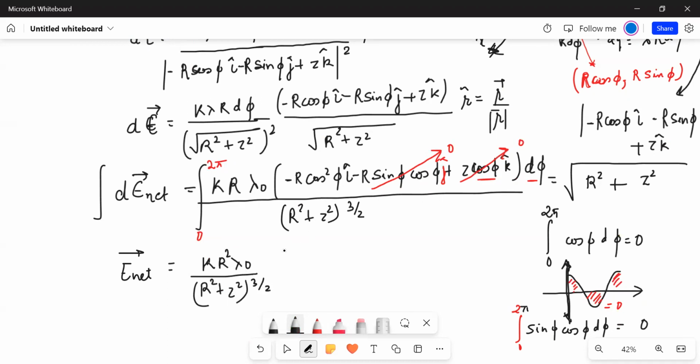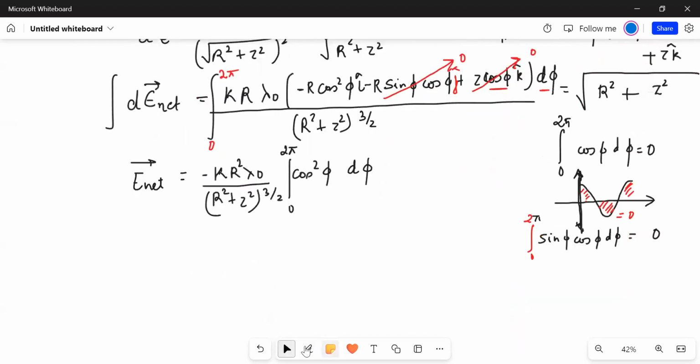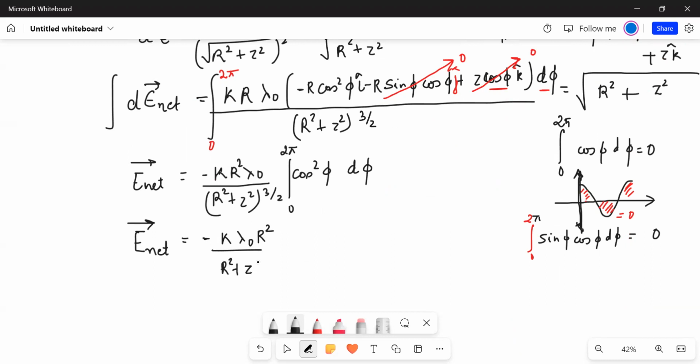And similarly, minus would be there, and this would be cos²φ dφ, integration from 0 to 2π. Okay, so your net electric field will be equivalent to minus k lambda naught r² upon (r² + z²)^(3/2).